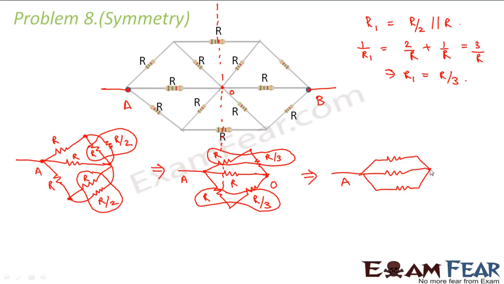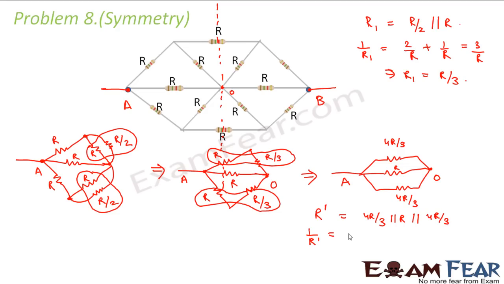This is point A and this is point O. So this R plus R by 3 will be how much? That will be equal to 4R by 3. This is already R and this will be again 4R by 3. So now you can calculate the equivalent resistance. Now the equivalent resistance of this circuit, let us call it as R dash. So equivalent resistance of this circuit will be 4R by 3 in parallel with R, which is in parallel with 4R by 3.